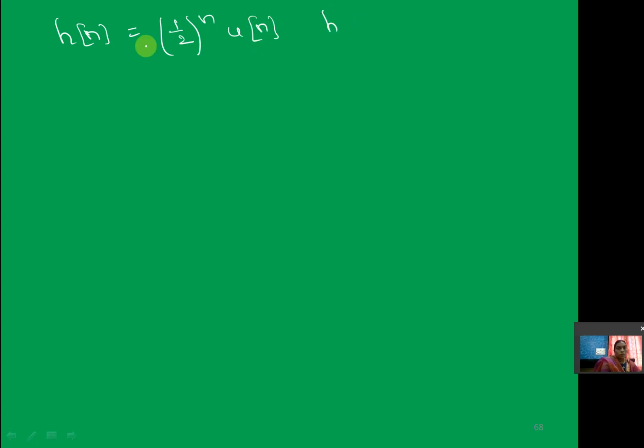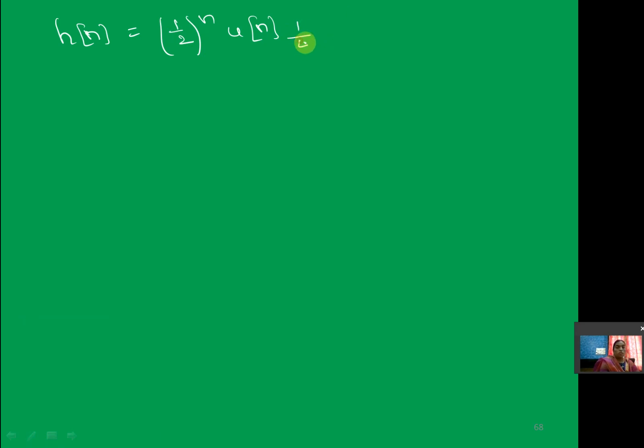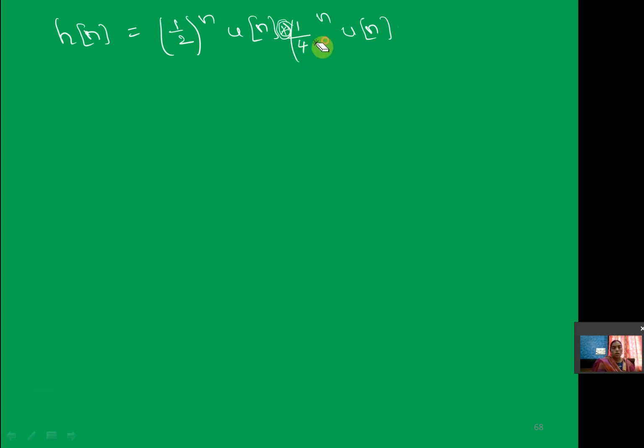What is h2 of n? (1/4)^n u of n. So these two are convolved. Right, so that's why take the convolution definition and apply it here.